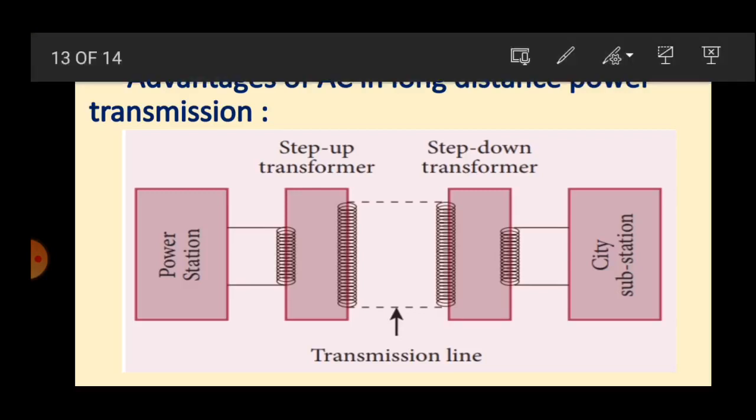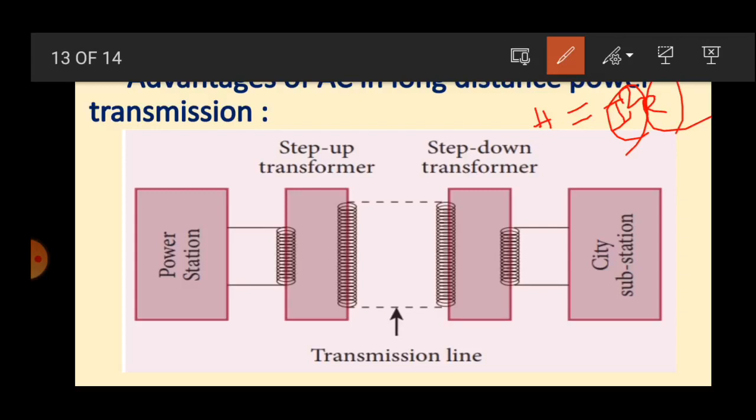Already you know that in Joule's heating effect, H is equal to I square R. In transmission lines, which are hundreds of kilometers long, this power loss can be tackled either by reducing current or by reducing resistance with a thick wire of copper or aluminum.